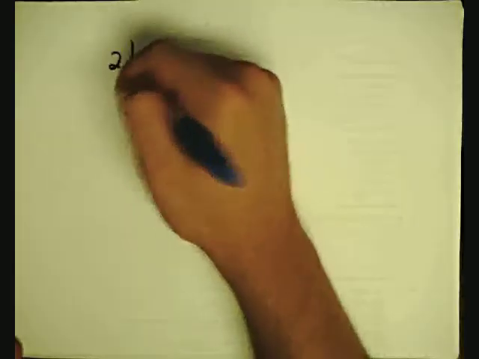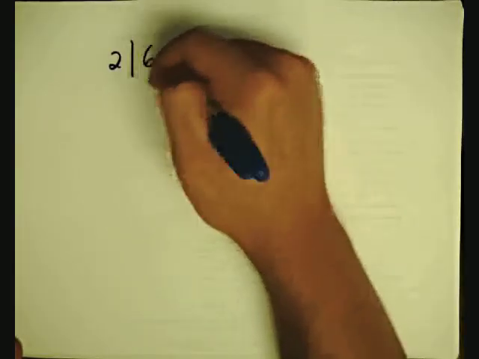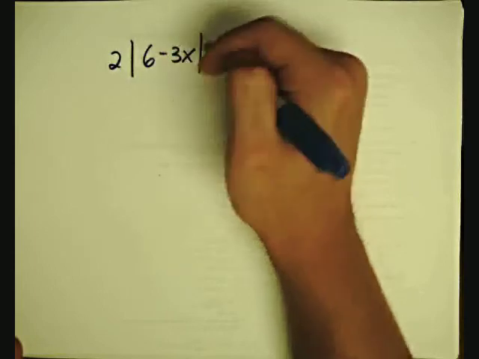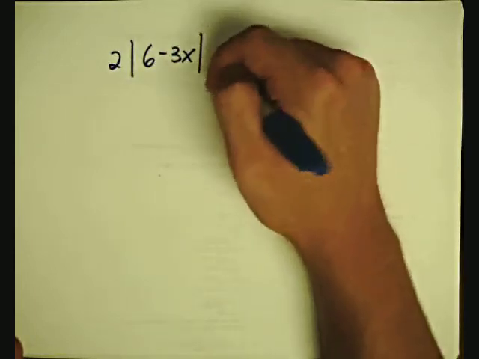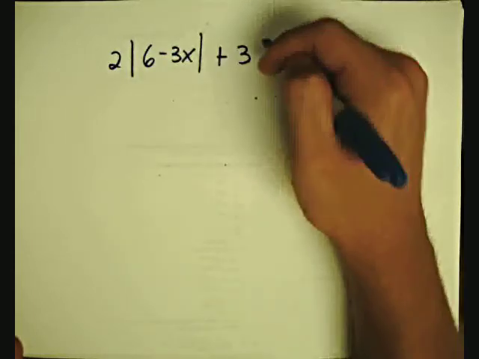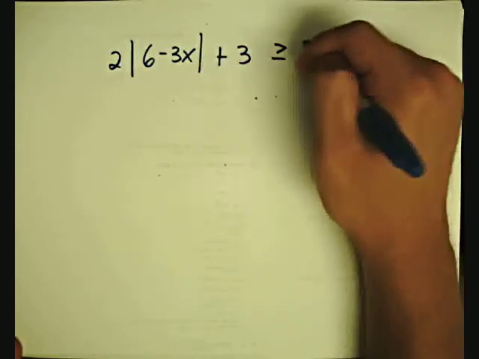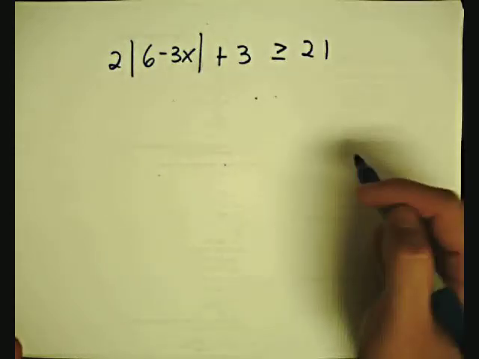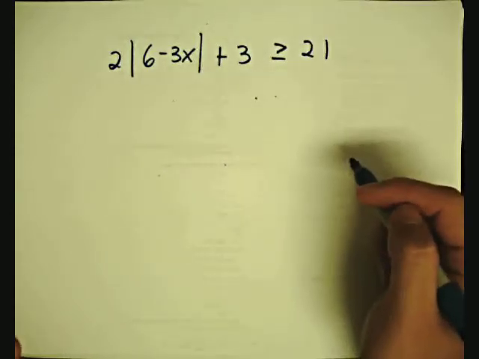Example 5b, we have 2 absolute value of 6 minus 3x plus 3 is greater than or equal to 21. So your first task is to get that absolute value alone.